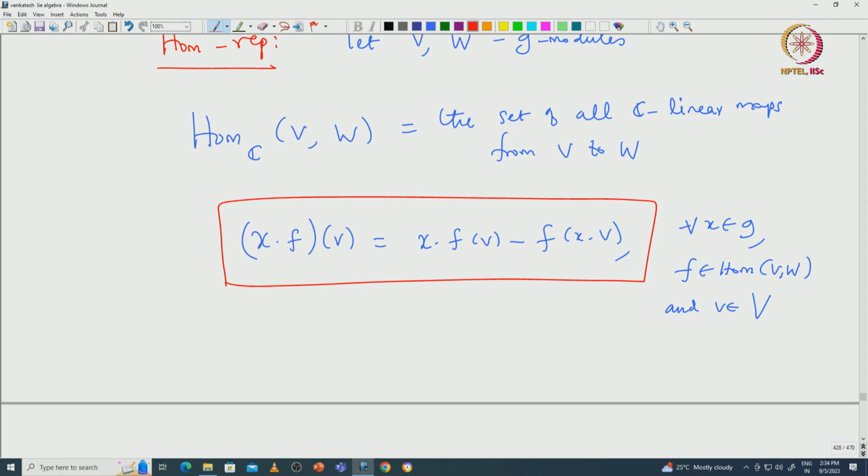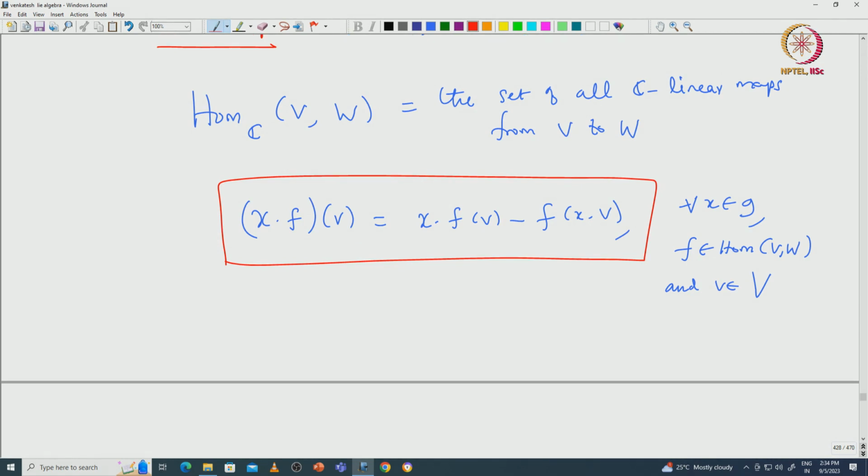Now we will see that, and this is something I already left as an exercise. If you have not done this, you should definitely do it. This G module Hom of V comma W is naturally isomorphic to the tensor product V star tensor W. This V star is already defined as a G representation.